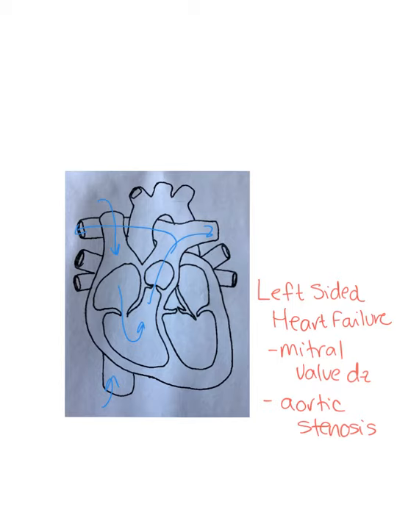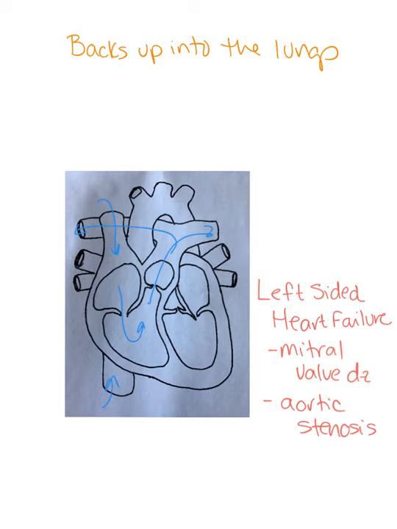So when the left side's failing, that blood is going to end up backing up into the lungs. If the left side fails, the left side's what's pumping the blood out to the body. If it's failing and it's not getting that blood out to the body, its choice is it backs up into the system. The place the blood came from was the lungs, so it's going to back up into the lungs.